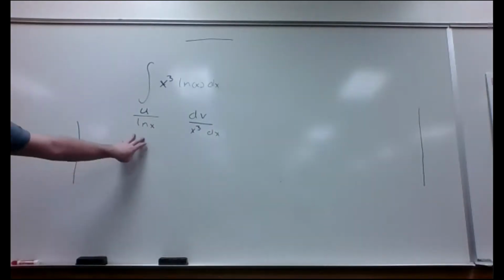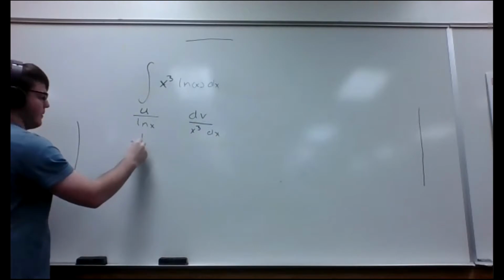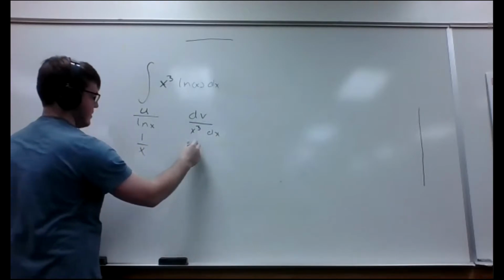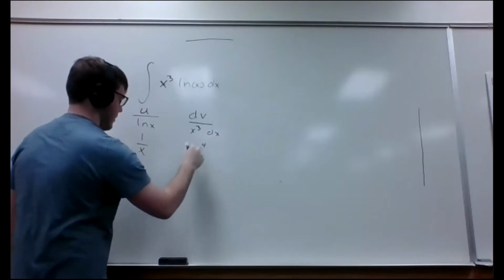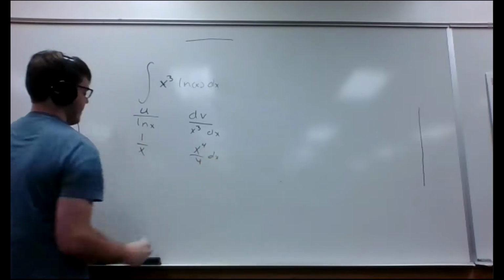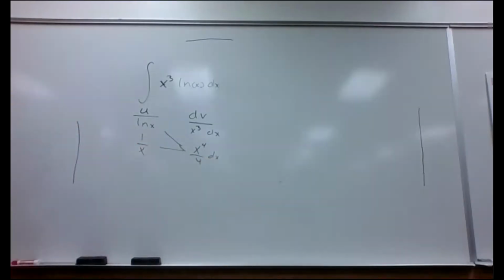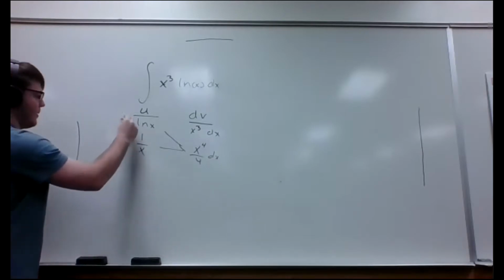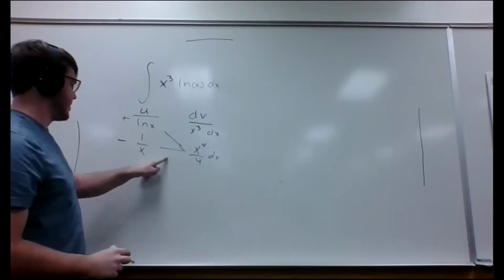And this one, we're only ever going to have to do twice. With an ln problem, we're going to take the derivative of this and the integral of this, x to the fourth over 4 dx, right? That's as far as we have to go. And this comes back to the last one is always an integral.